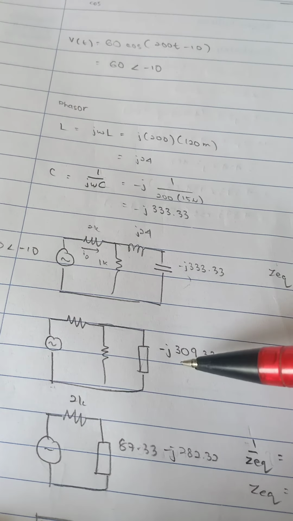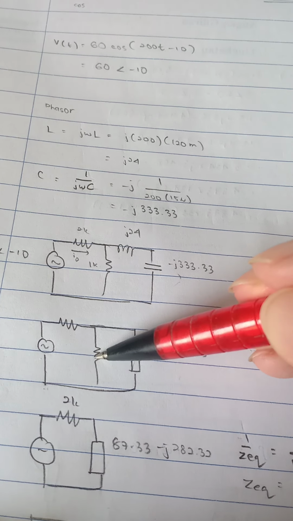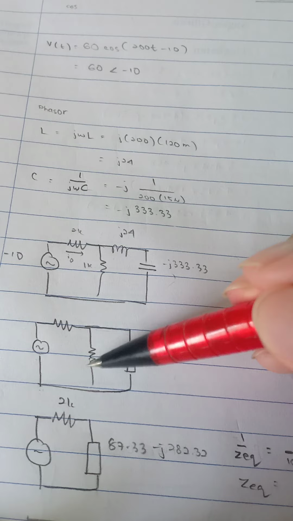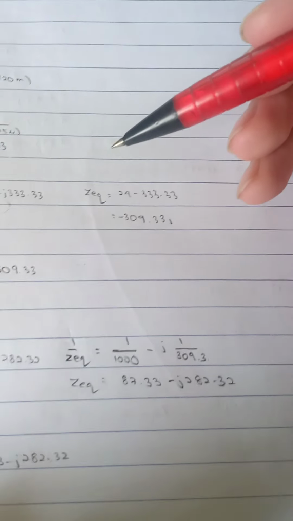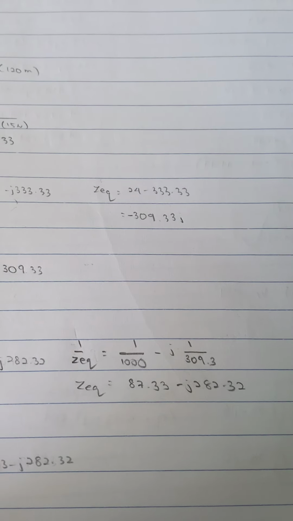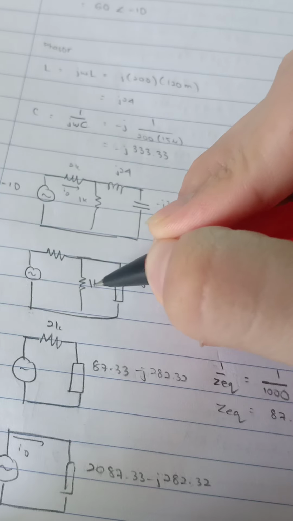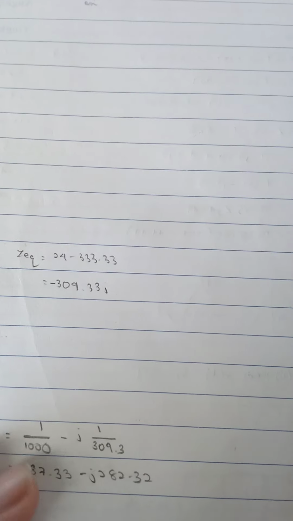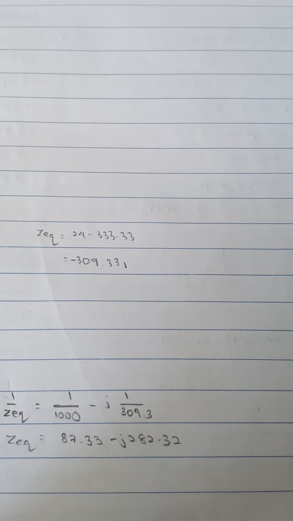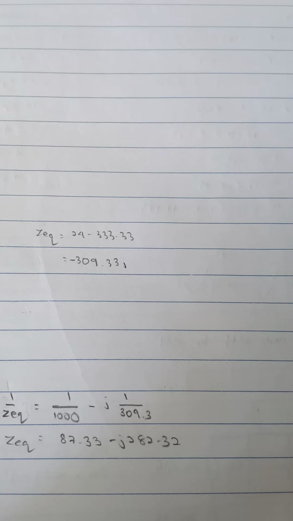So we use the answer from just now. Because this and this are in parallel, we should use this equation: 1 over Z equivalent equals 1 over 100, because this is 1k ohm, so we do not need to change it, minus j 1 over 309.3.